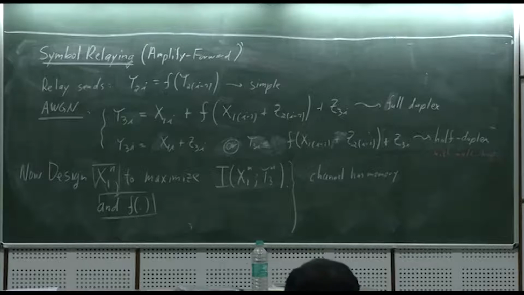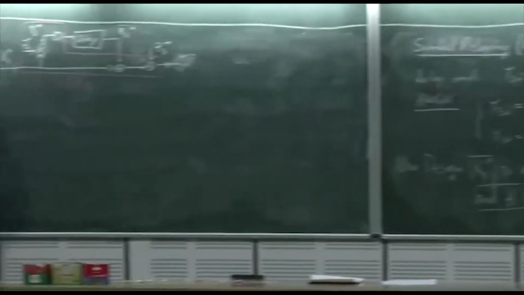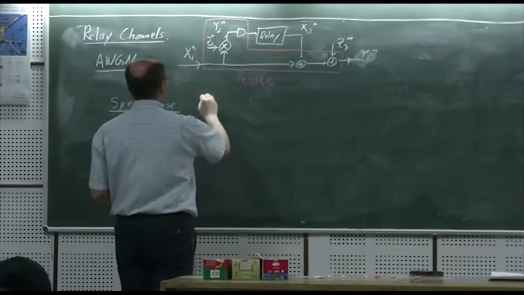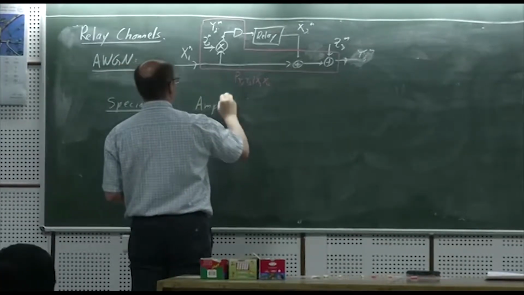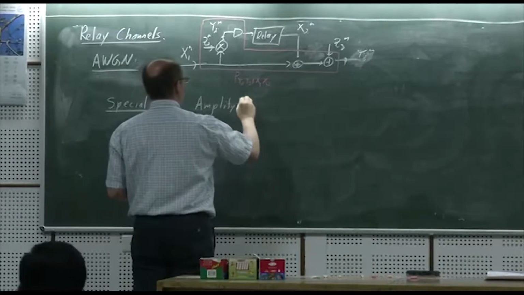So let's talk about this a little bit more and just compute some rates out of this, just for the simplest cases that are usually used in wireless networks. So there's a special case of this, and this is called amplify forward, which is sometimes shortened to AF.